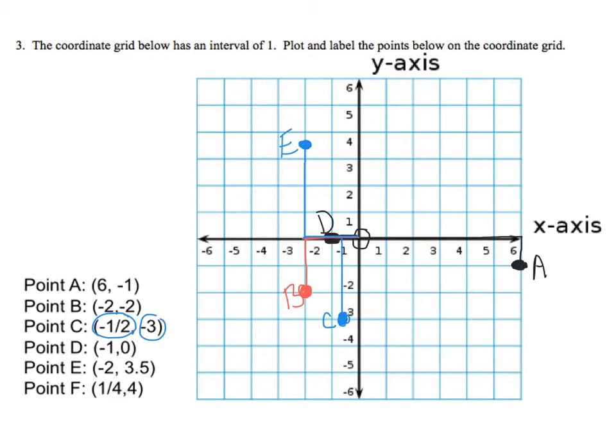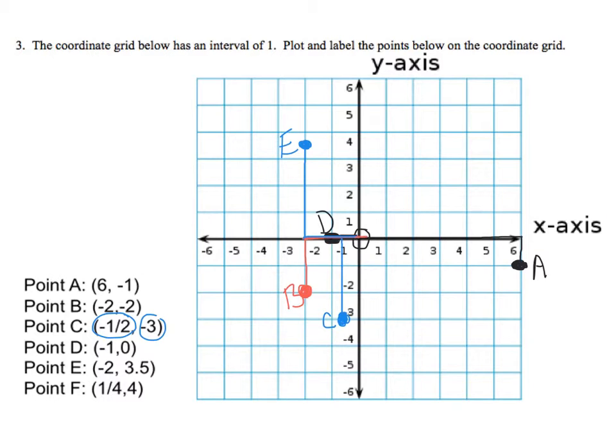Point F, let's see here, 1/4. All right, so 1/4 is 1/4 the way from 0 to 1, so it's not half, it's actually half of a half. So using my red, starting at the origin, I'm going to go just over a little bit to about 1/4. The y-coordinate is a 4.